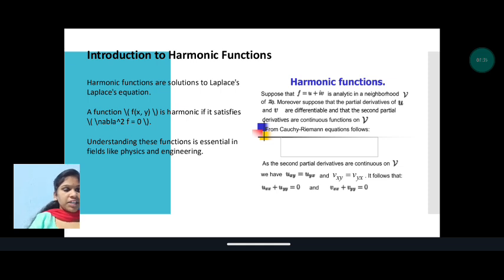As the second partial derivatives are continuous, we have uxy = uyx and vxy = vyx. It follows that uxx + uyy = 0 and vxx + vyy = 0.